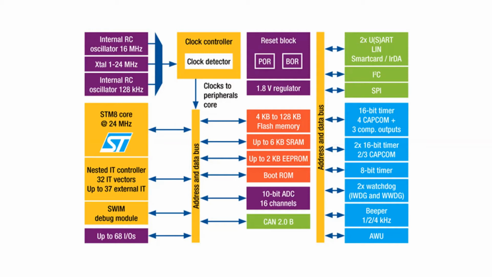You can either write a logic high or a logic low to any of your pins. Then just below the memory in the purple, you have what are called ADCs. These are analog to digital converters. They measure an analog voltage that's on one of the pins, and then convert that into a number which can then be read and processed by the CPU.